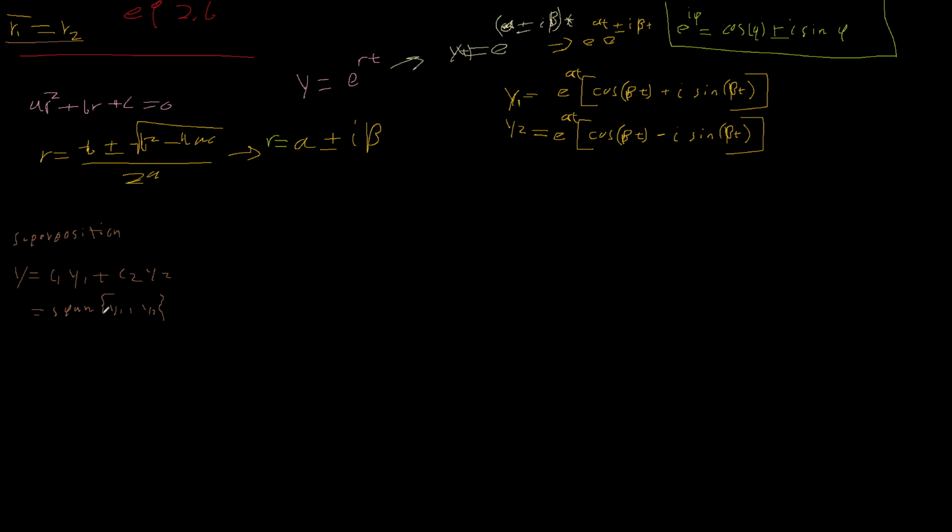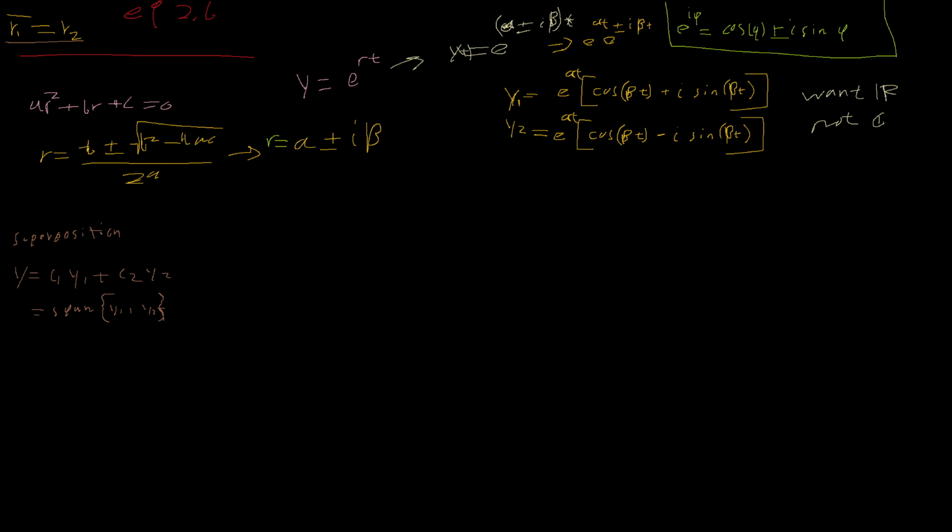We talked about that in episode 1 of this chapter. So, what can we do here? Because we have this complex part, we want real solutions. So we want to get rid of this complex part. How do we do that?